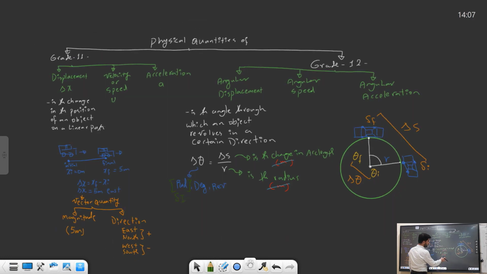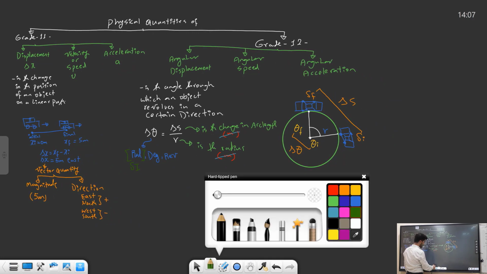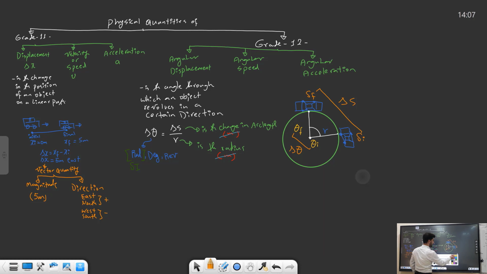Now it's time to talk about this. We know that delta x is a vector quantity. It has both magnitude and direction.